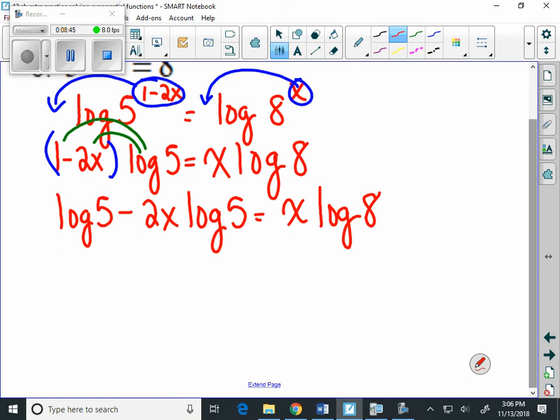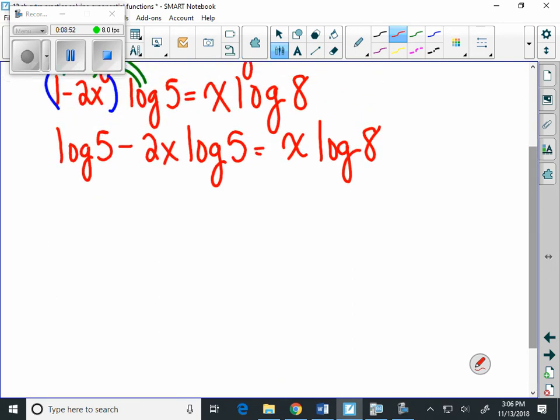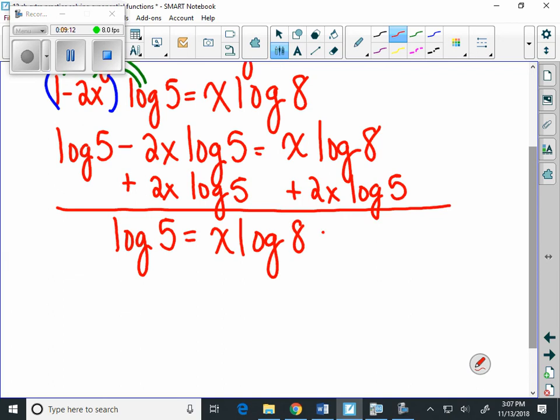Well, our ultimate goal here is to solve for x. So we need to put all of the x's on the same side of the equation. So let's add 2x log 5 over here to the right side. We have log 5 equals x log 8 plus 2x log 5.